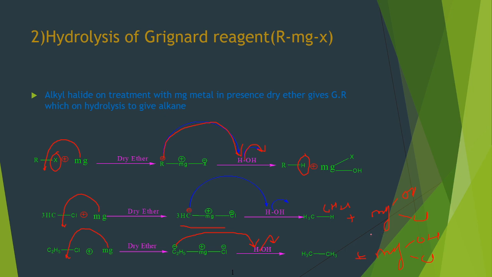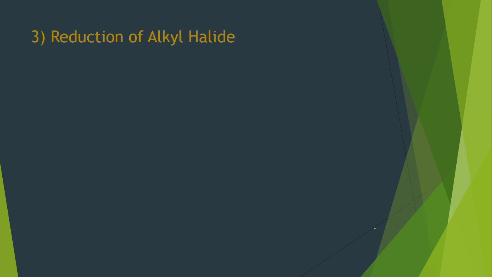In the first method we have seen that we can prepare alkane by reduction, the simple addition hydrogenation method, and second is the hydrolysis of Grignard reagent. The next method we will see is the reduction of alkyl halide.